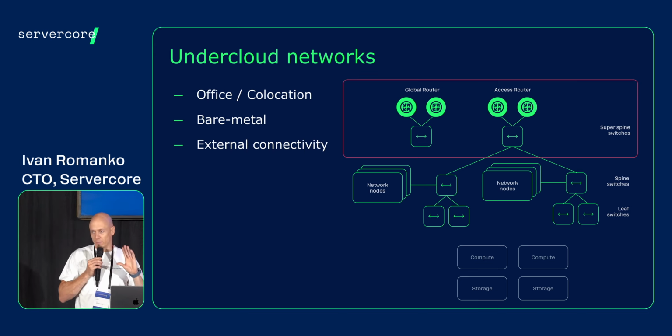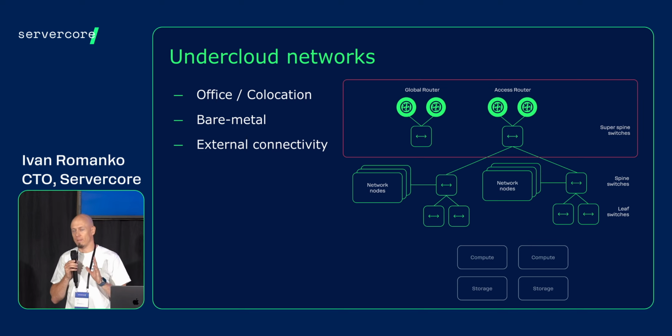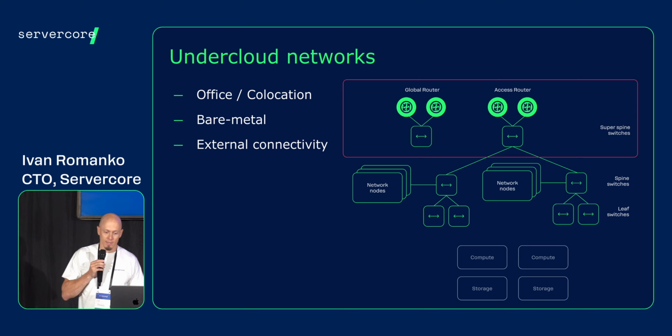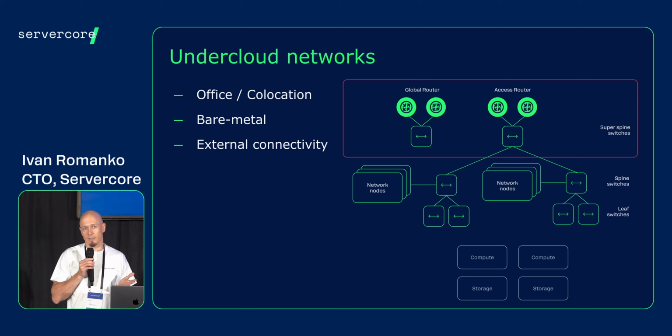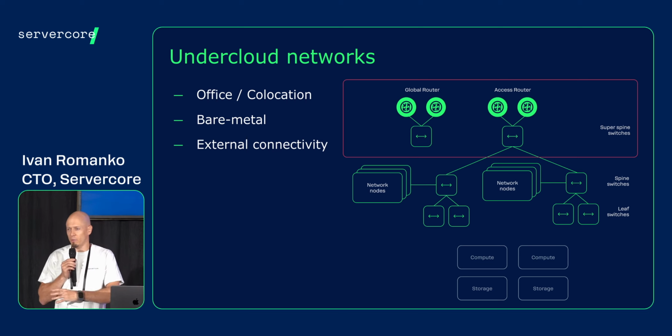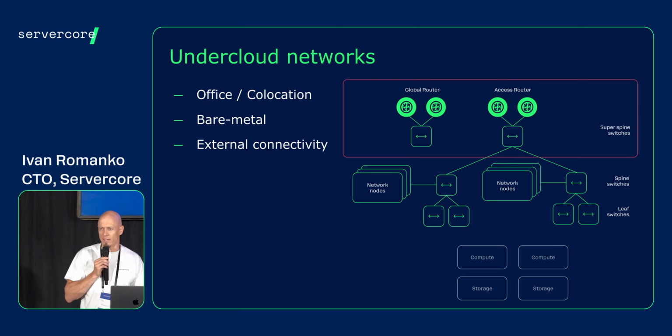The top level consists of network equipment mainly. I will talk here about Servercore Cloud specifically, but the architecture is kind of standard. So you will find the same approach in many private clouds, in public clouds, depending on the size, of course.